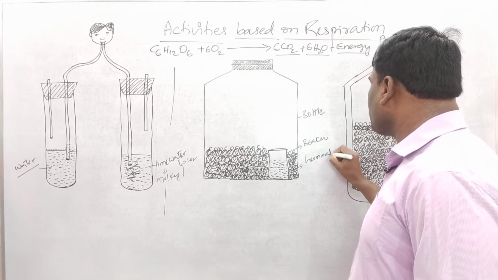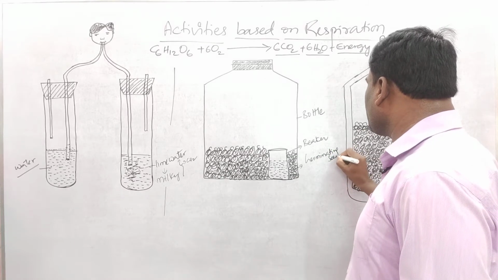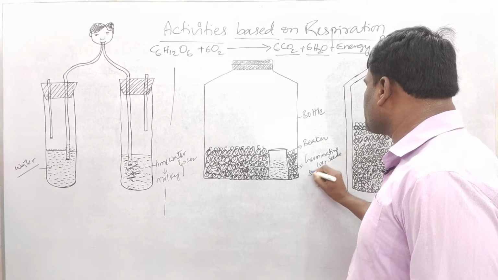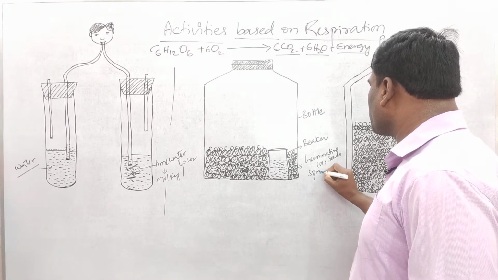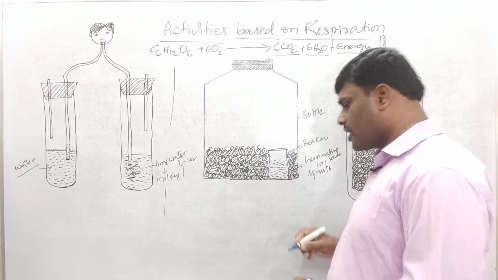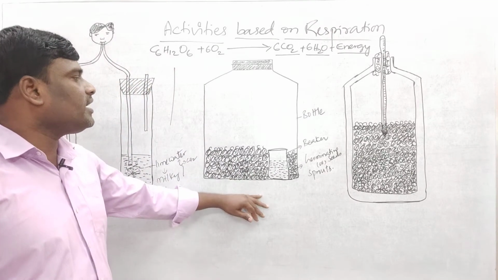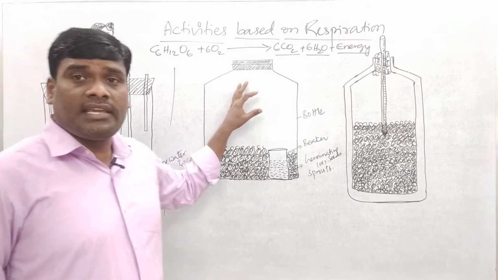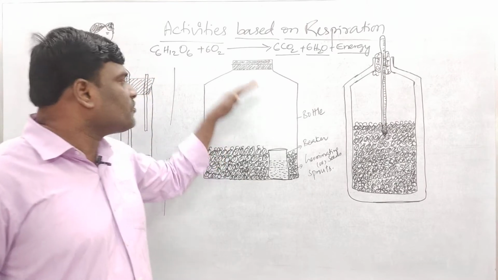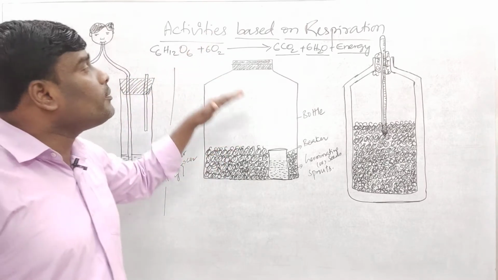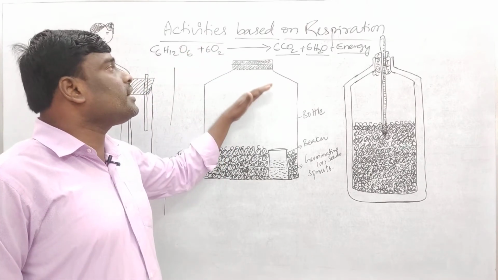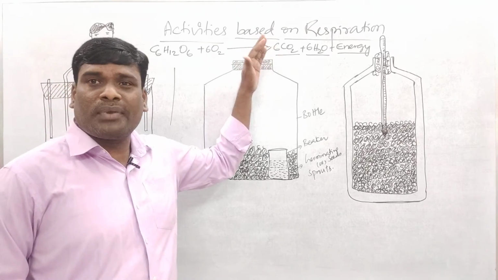These are germinating seeds. We can also call them sprouts. What we are going to do by this activity is prove that carbon dioxide is released during respiration in plants, children.